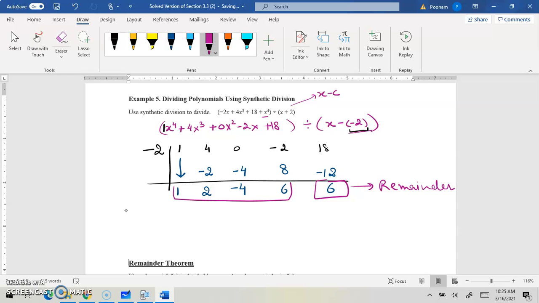That means here it will be the coefficient of x cubed, x squared, x and constant. That means the quotient would be x cubed plus 2x squared minus 4x plus 8, and the remainder is 6.